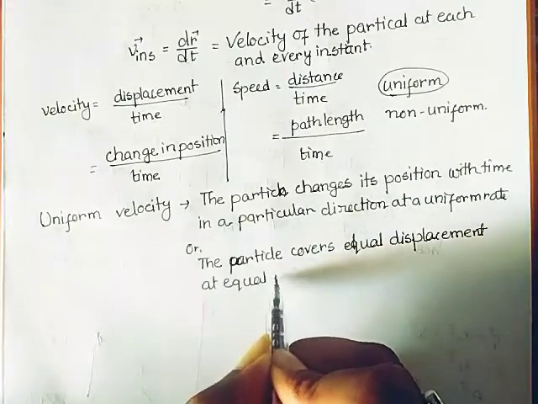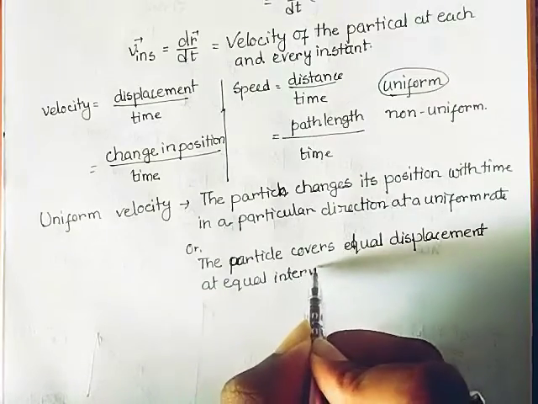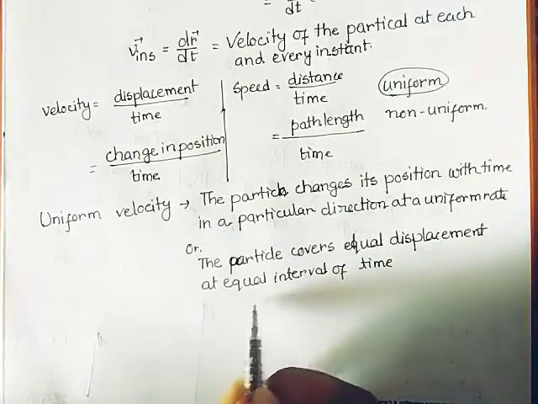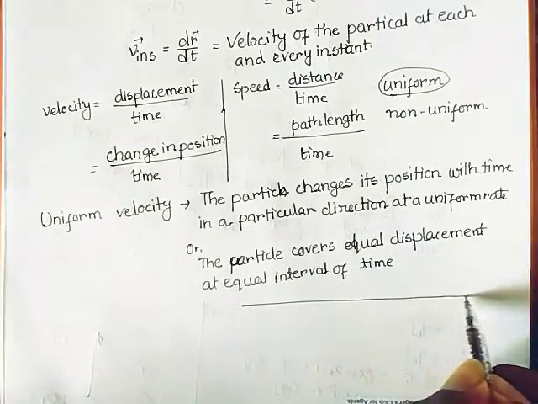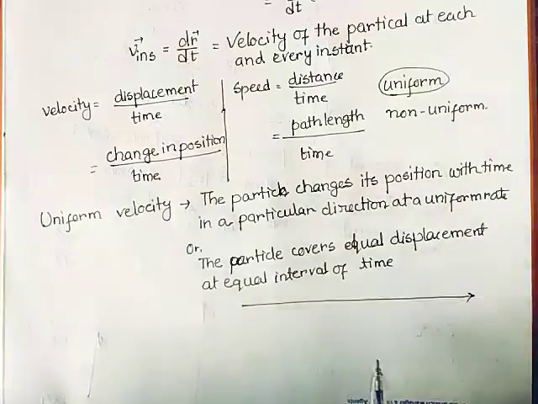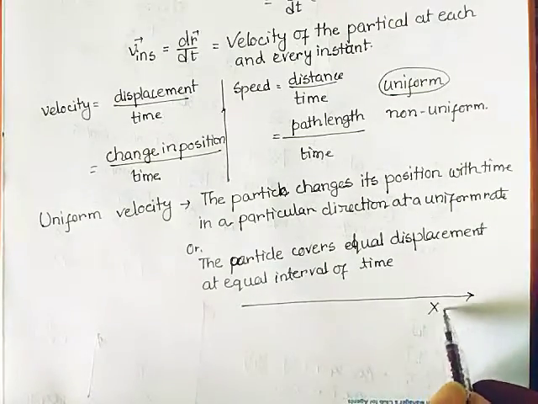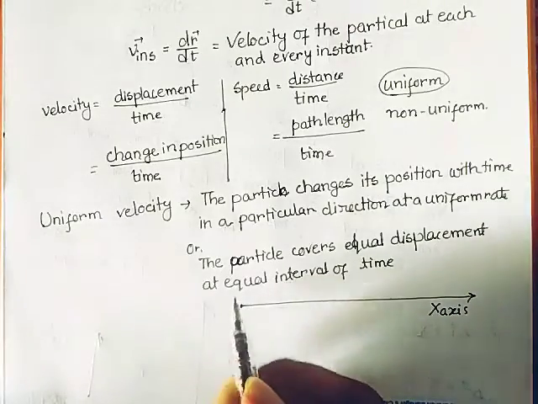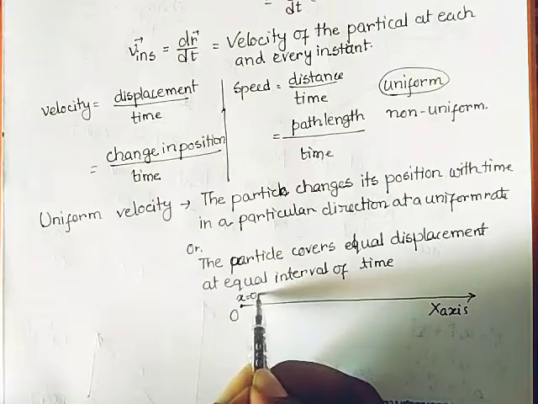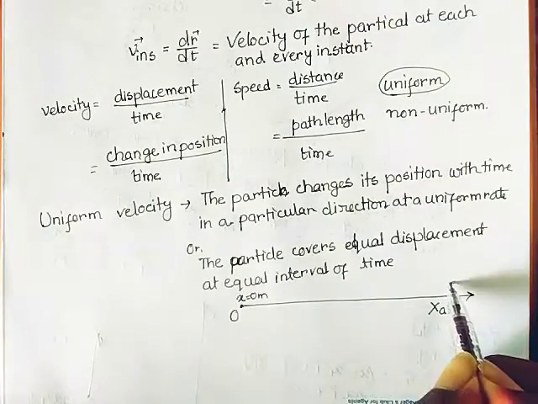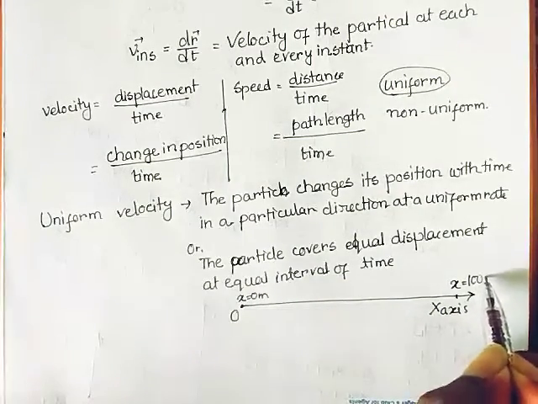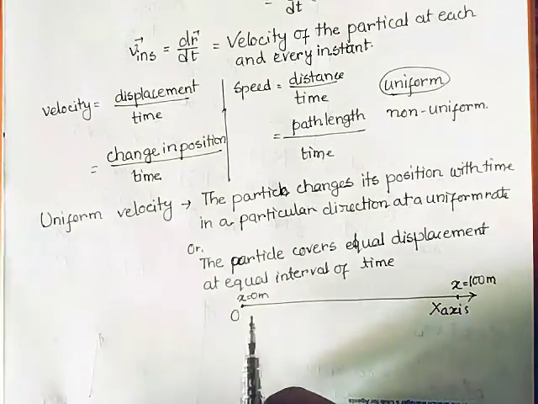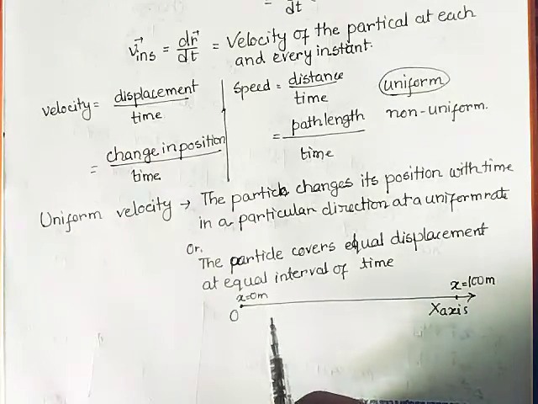What does it mean? We can use numbers to understand this. Let us consider the motion is performed along the x-axis. Let us take this as the point of reference O, which is x equal to 0 meter, and this is x equal to 100 meter. We track a particle moving along the x-axis.